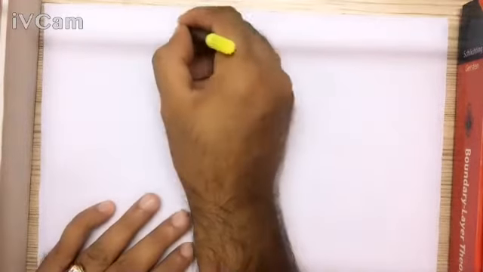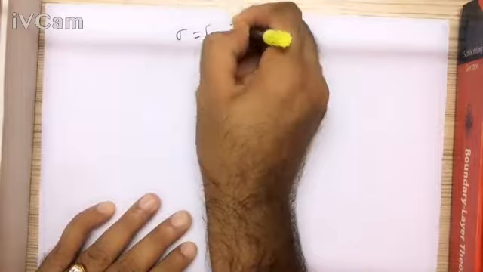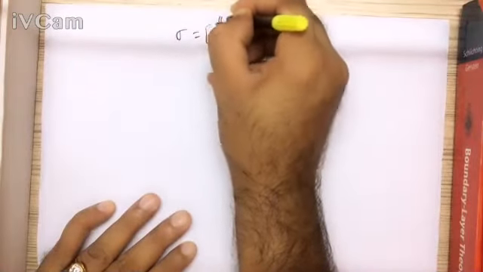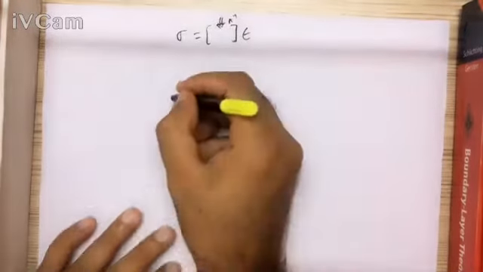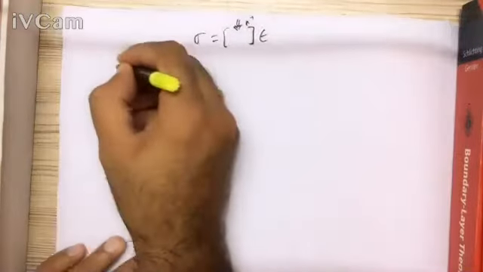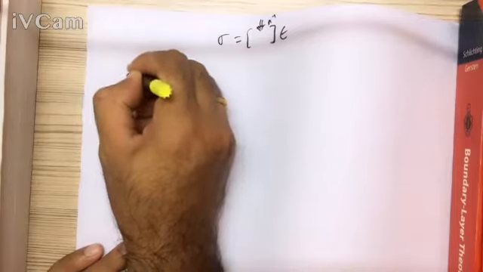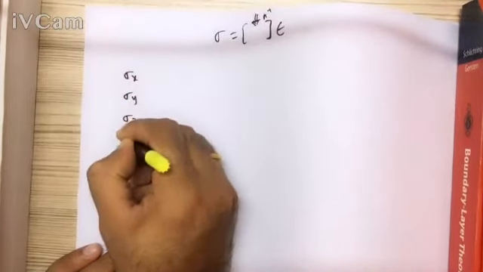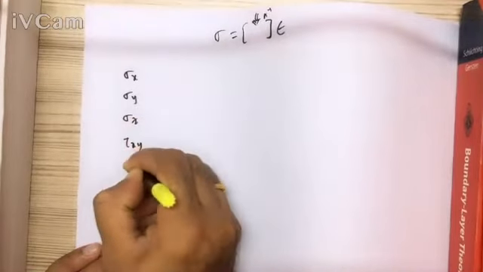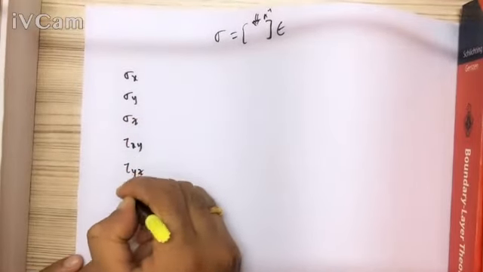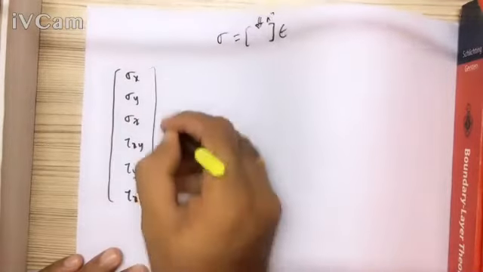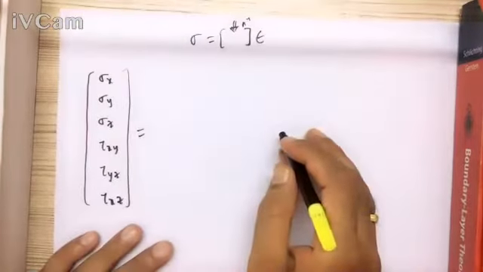So sigma is equal to some matrix, which we now know is A inverse, into epsilon. So what is sigma? Sigma x, sigma y, sigma z, tau xy, tau yz, tau xz is equal to that A inverse matrix.